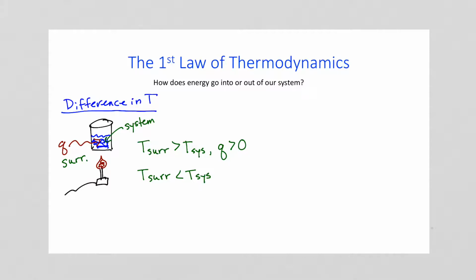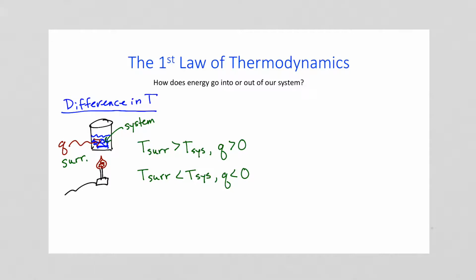It's always the heat. So in this situation, since our system is hotter than the surroundings, we're going to have heat leaving the system and going into the surroundings. In that case, the sign of our heat, or our Q, is going to be opposite. So there we would have Q less than 0.